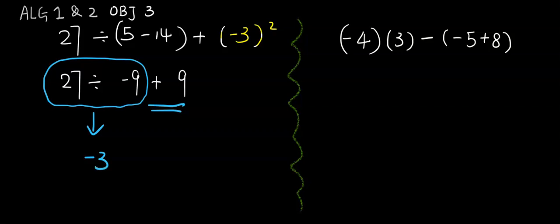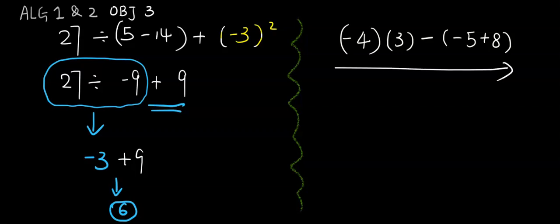Now you're going to copy down plus 9. Now, negative 3 plus 9, that is positive 6. That is a good, correct solution. Let us continue this one. Remember, order of operation. Let us look at what we have.